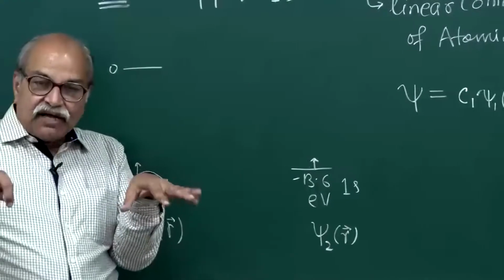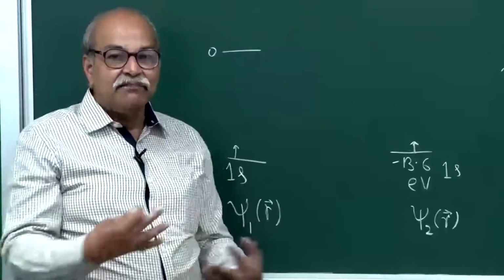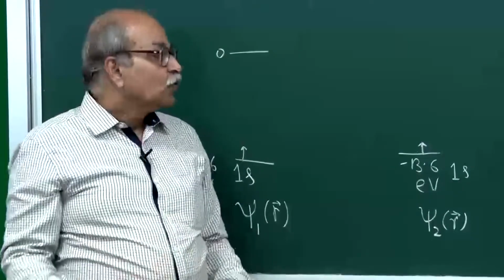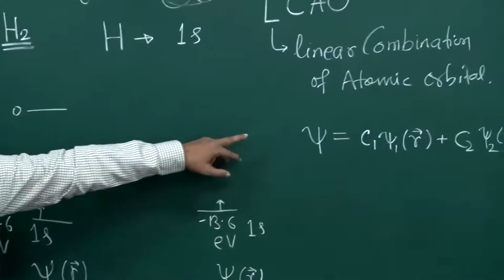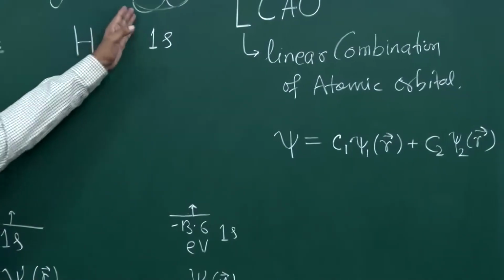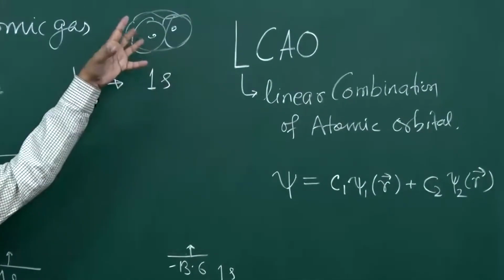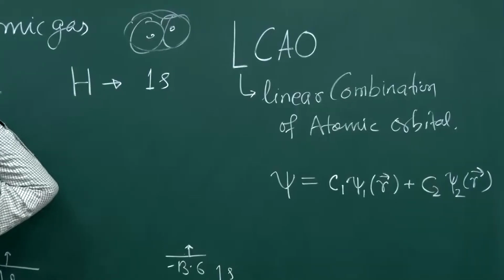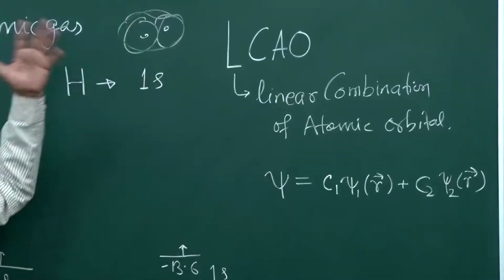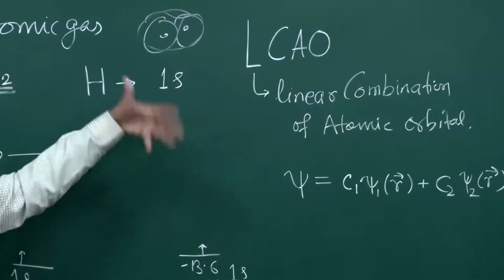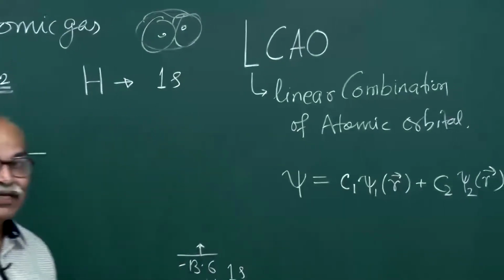So you have two wave functions and then you make linear combinations of them and then see what linear combination gives you fixed energy, definite energy in case of this interaction. So now this interaction is different, potential energy is different, slightly different from the earlier one. So use this wave function and then use Schrodinger equation and then do the mathematics to get what is this C1, what is this C2.